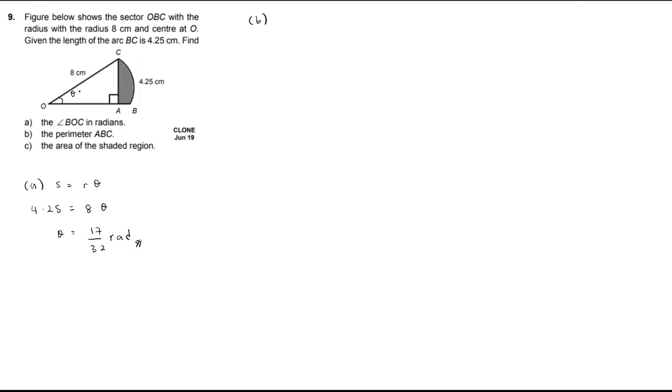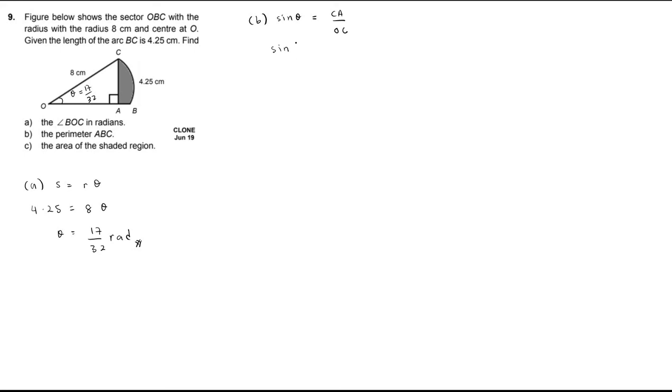We know that this angle is 17 over 32 radian. So for this triangle, we can use sine theta. Okay, sine theta equal opposite CA over the hypotenuse. Okay, hypotenuse OC.